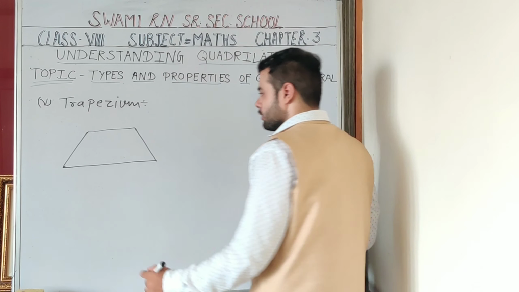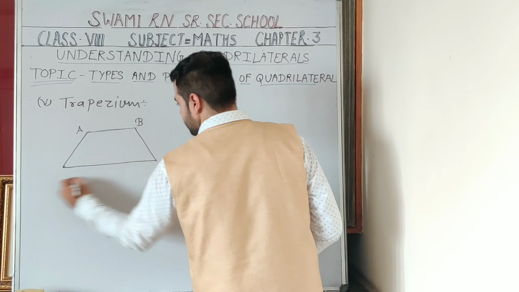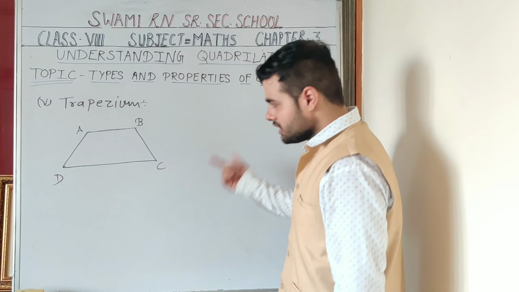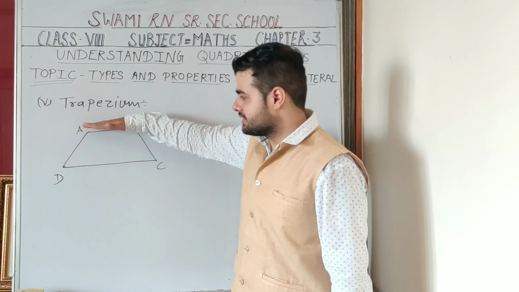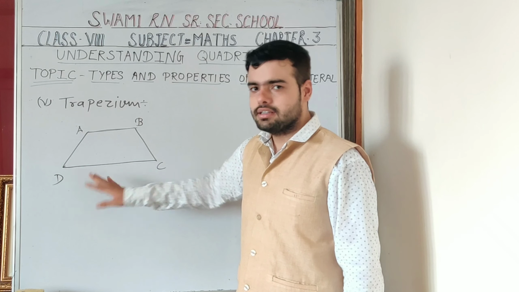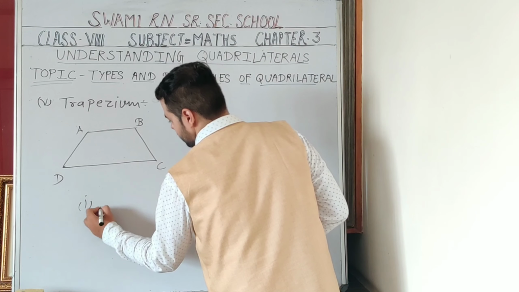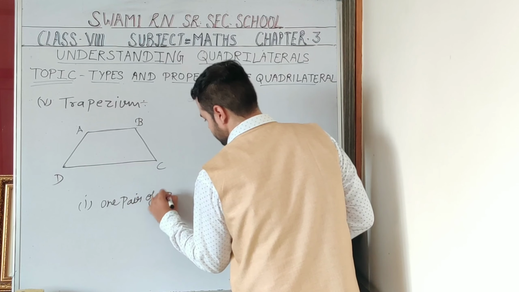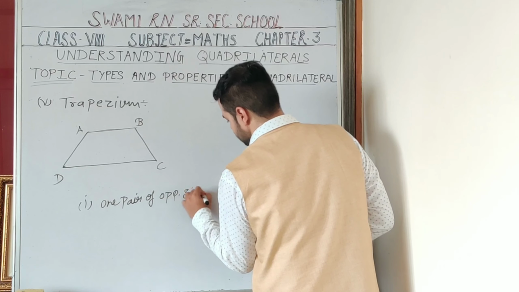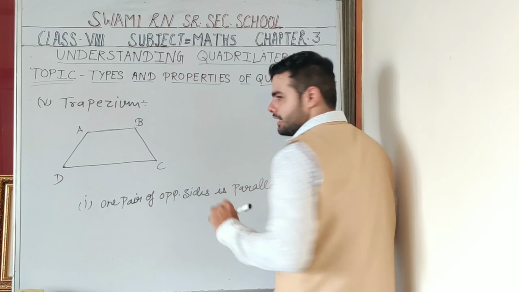You can see in this figure A, B, C and D. The first property of a trapezium is that one pair of opposite sides, AB and CD, are parallel to each other. One pair of opposite sides is only parallel, they are not equal.